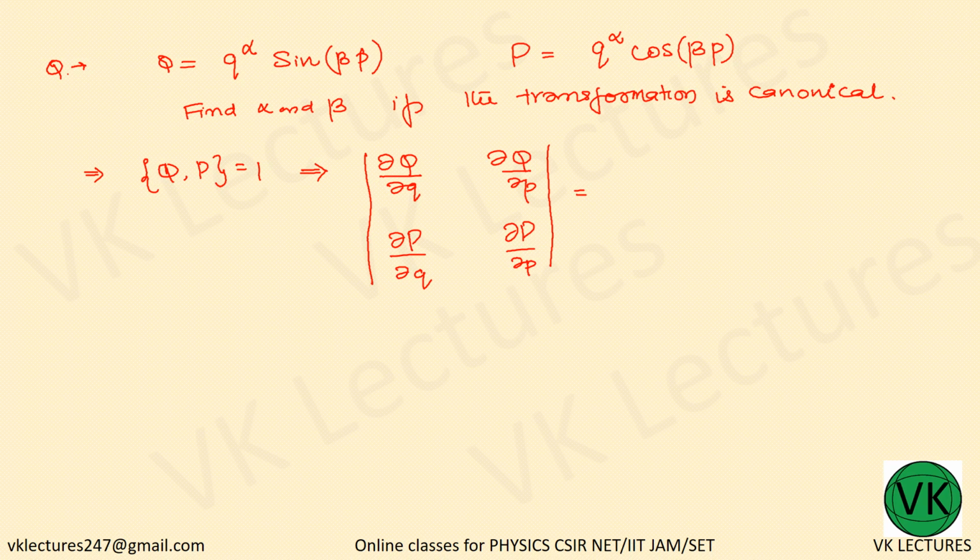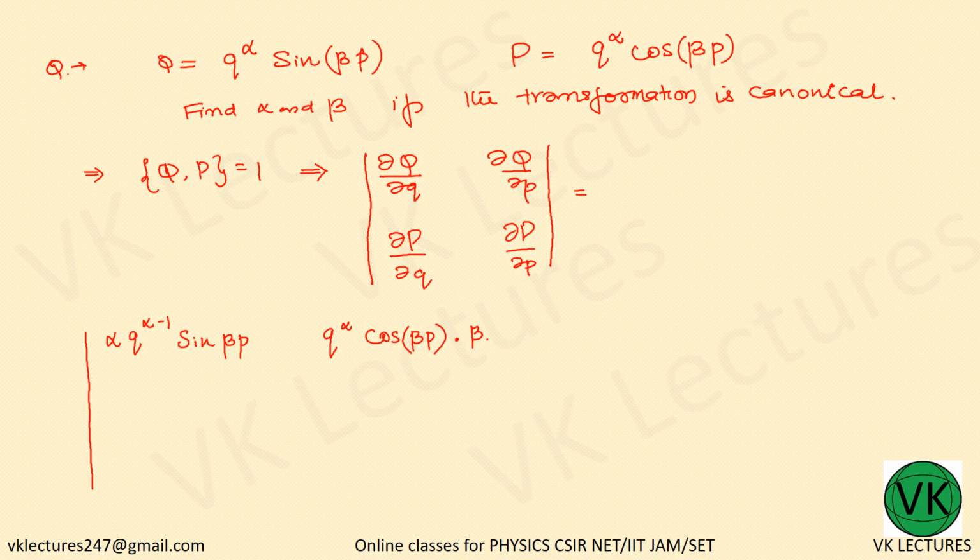Let's write down here. With respect to q, we have to differentiate Q. So this becomes alpha q to the power alpha minus 1 into sine of beta p, and with respect to p you have q power alpha, instead of sine we have cos beta p, multiplied by beta.